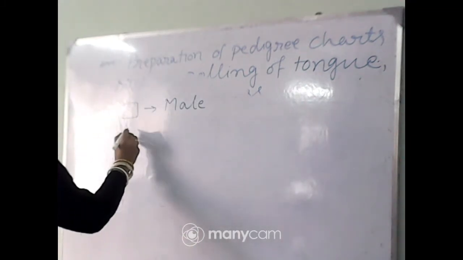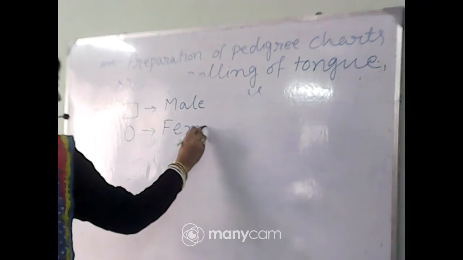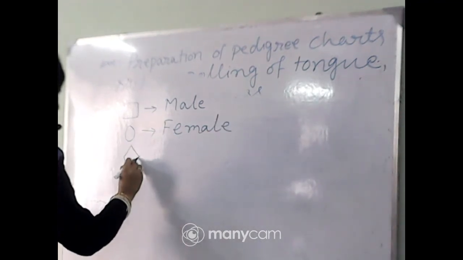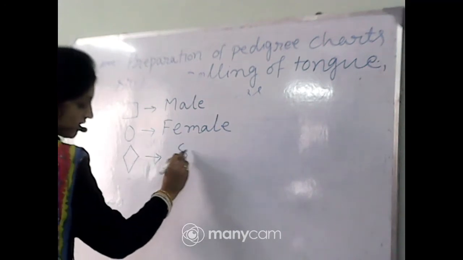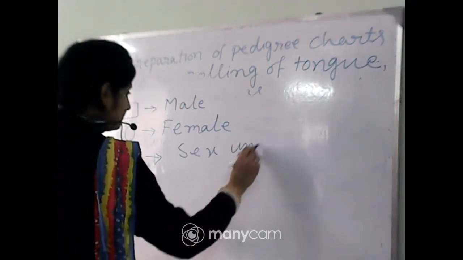When you see a circle, that is female. When you see this other type of structure, that is sex unspecified: male or female you don't know.